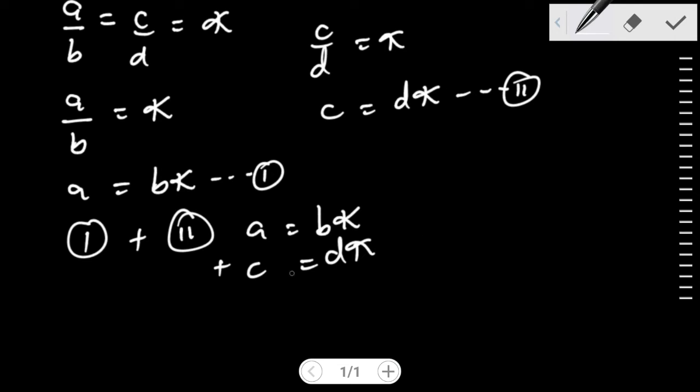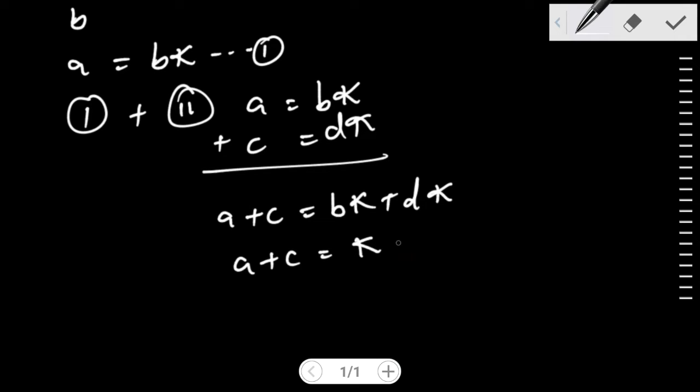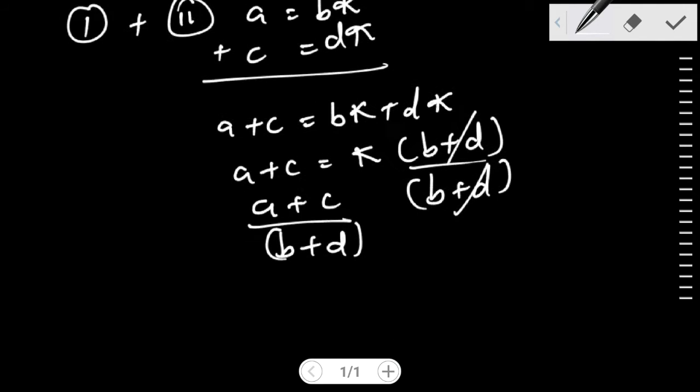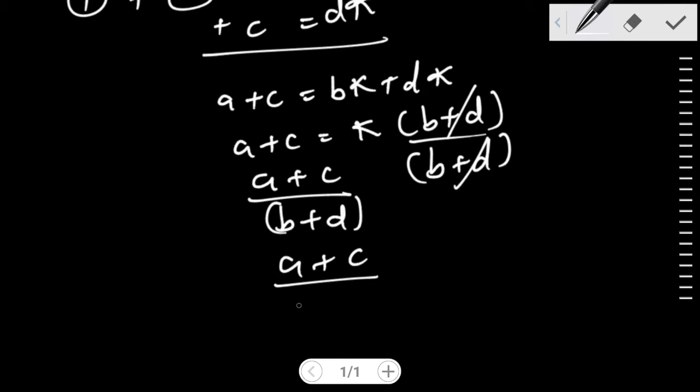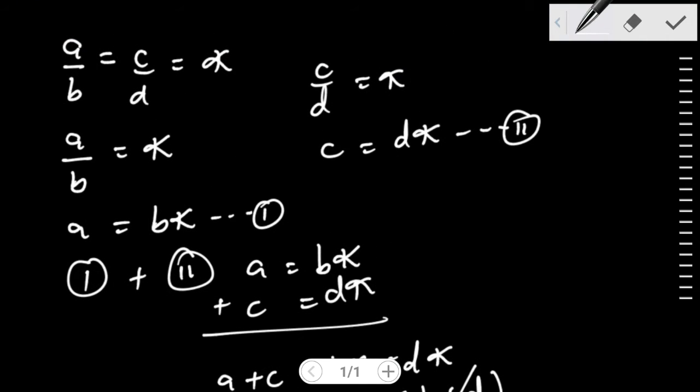After adding, I find A plus C equals BK plus DK. Therefore A plus C equals K into B plus D, and therefore A plus C all over B plus D equals K.